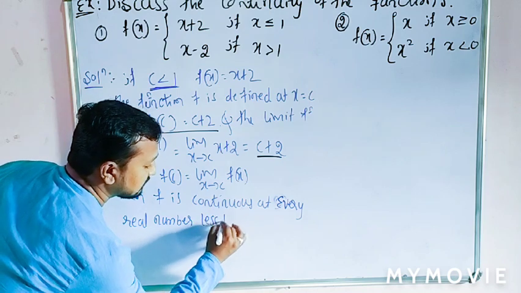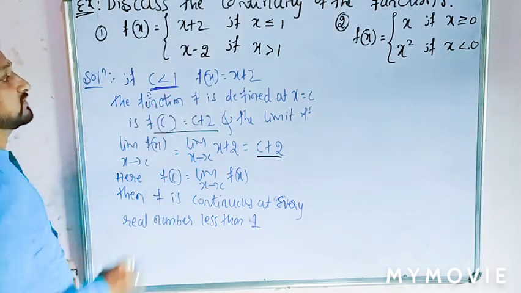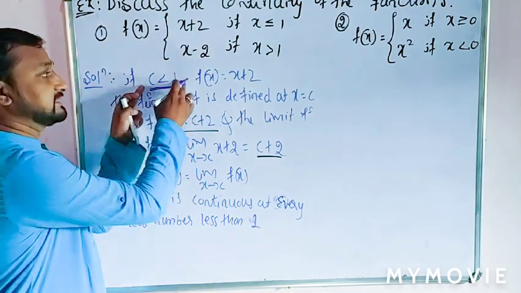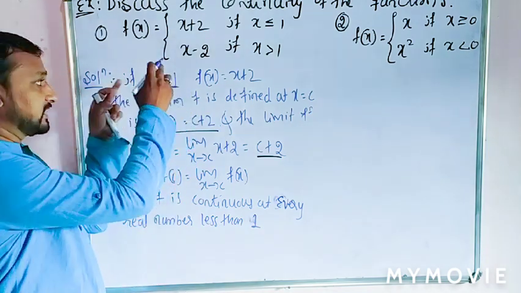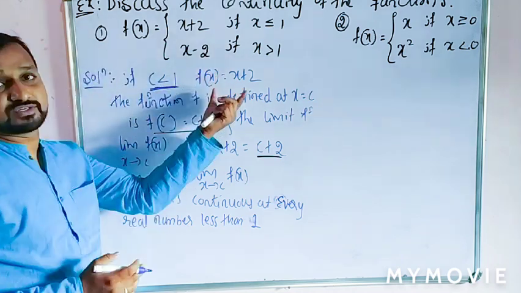This is the first case: C is less than 1, that means every real number less than 1 is a point of continuity of this function.